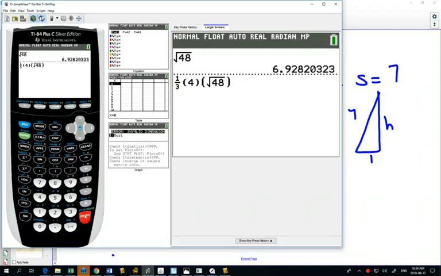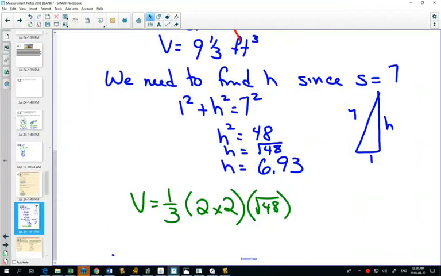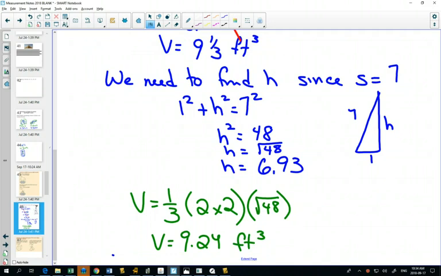Then when I push enter, I know that this answer and all of its decimal places are correct, and I can round my volume to 9.24, include my units, feet cubed. Wouldn't that be an approximate sign? And this should be an approximate sign, so I will go back and do that fancy fixer-upper afterwards.